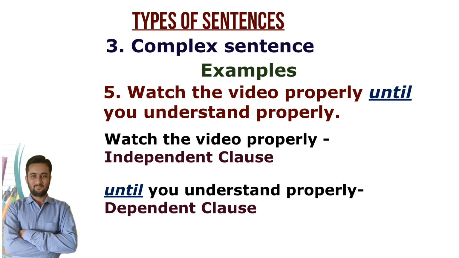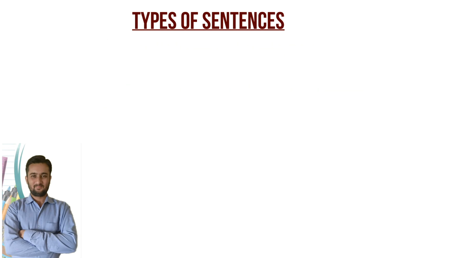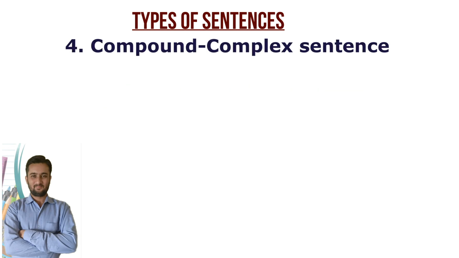So we have learned a total of 5 examples, and I am sure that now you have understood about complex sentence. In complex sentence, one is dependent and one is independent. Now let us move on to our last type of sentence, that is compound complex sentence.